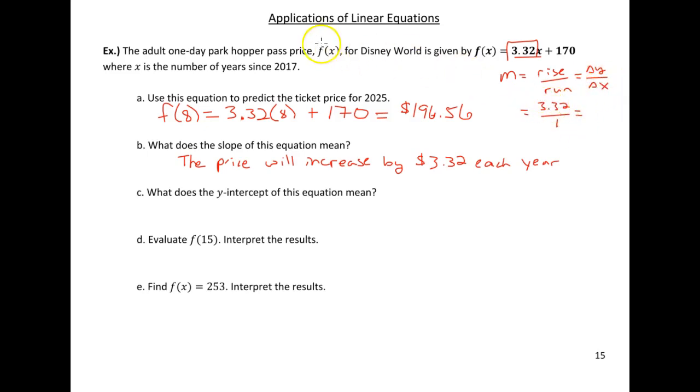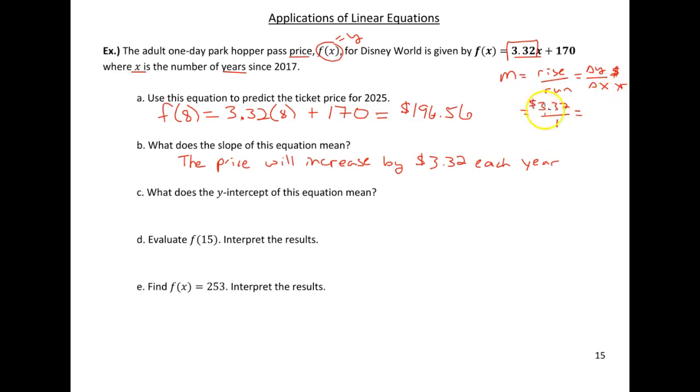F of x equals y, the price, so this is money up top. The denominator was x, and that was in years. And I have a 1 here.